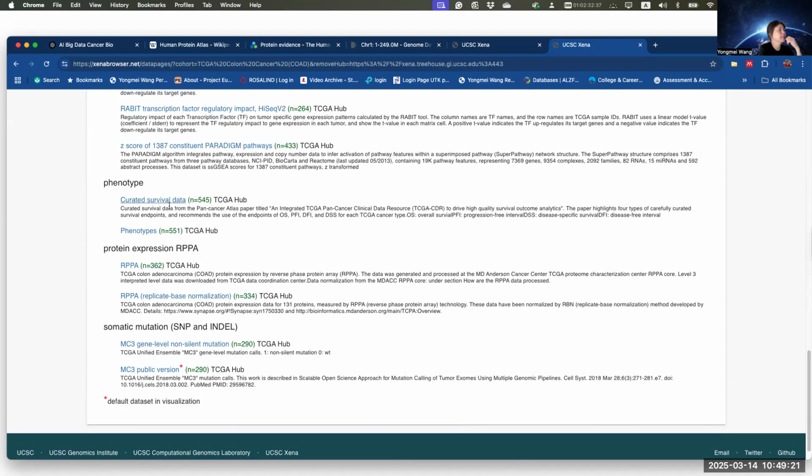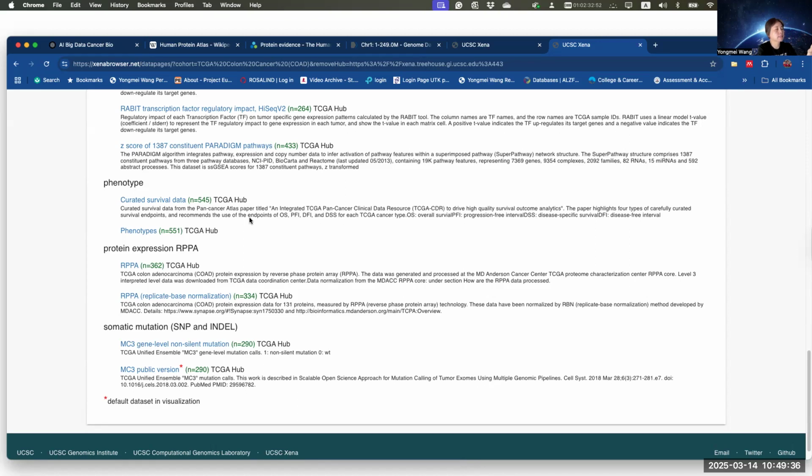And the phenotype data. This one, the curated survival data, is the one I told you about called clinical data. That is equivalent to the clinical data in your head.